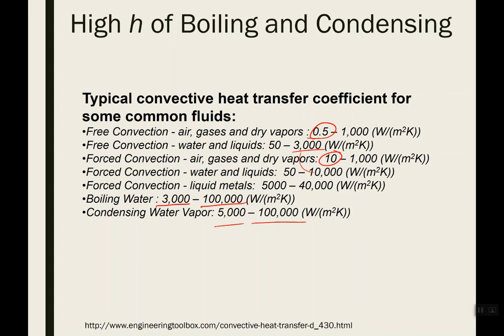So this is one of the key takeaways of boiling and condensation: when you have these things happening, that tends to drive your convective heat transfer coefficients really, really high. In the case of boiling, that is largely due to this extra mixing and agitation and bubbling and circulation that happens when the fluid is boiling. So that tends to be really good for heat transfer. So again, boiling and condensation, a key takeaway is you get really, really high rates of heat transfer.